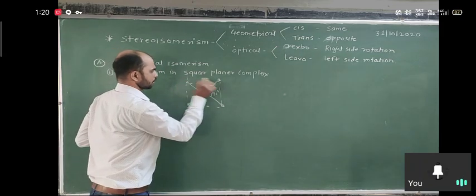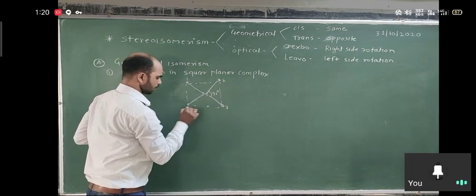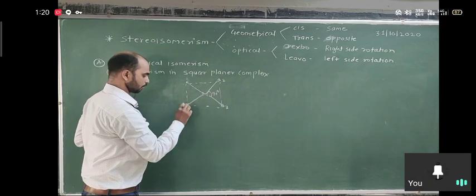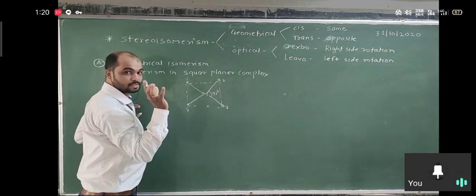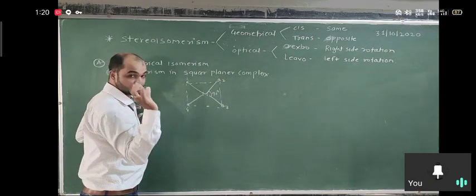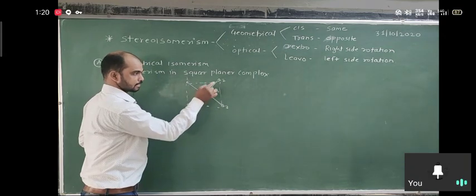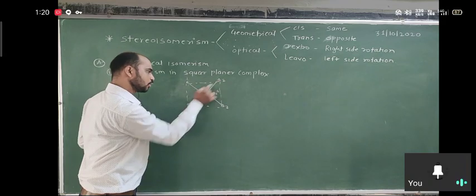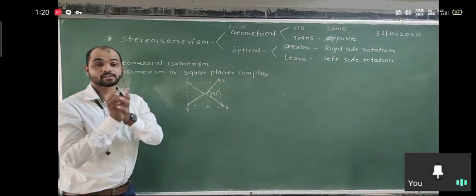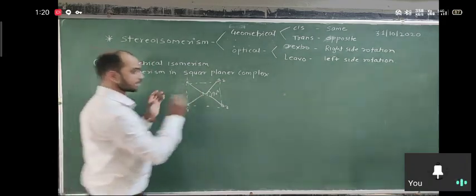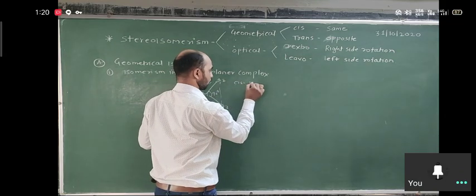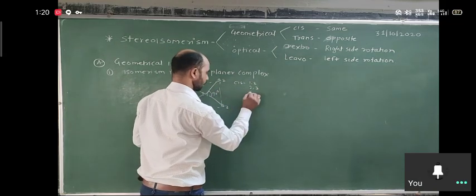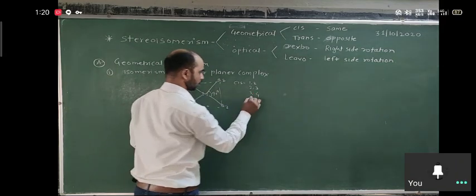Suppose here we number the positions 1, 2, 3, 4. So 1, 2, 2, 3, 3, 4 or 4, 1, these are the adjacent positions, the cis positions. But if same ligands are at 2, 4 or 1, 3, these are opposite to each other, the trans positions. So which are the cis? 1, 2, 2, 3, 3, 4 or 1, 4.